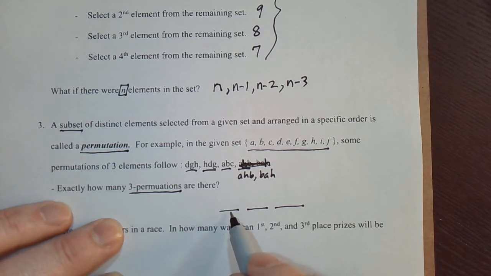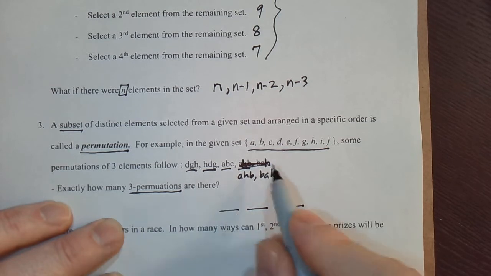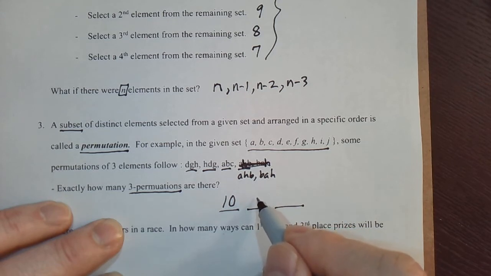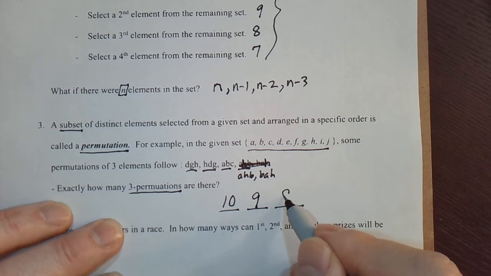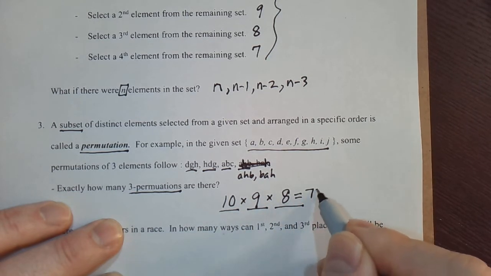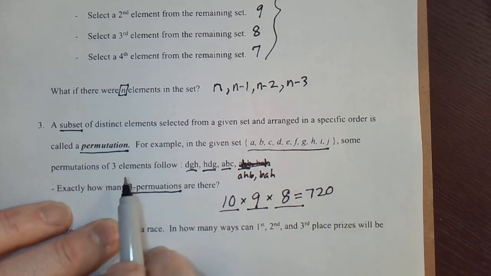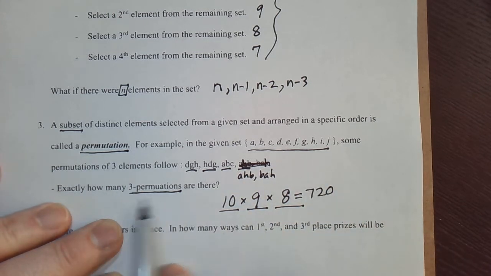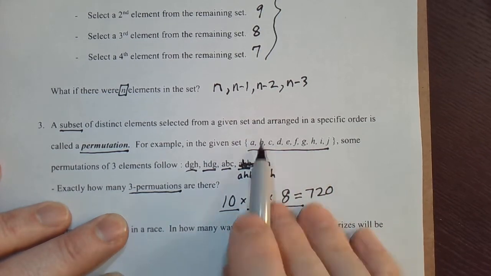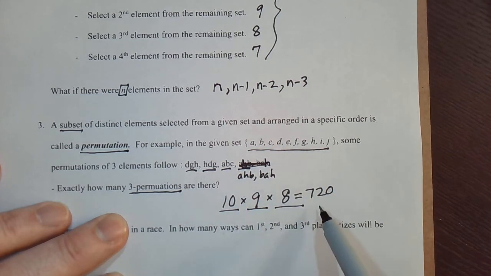How many choices do I have for this first term? 10. I could choose absolutely any one of them that I want. How many could I choose for the second one after I've chosen that one? I've got 9, and then I've got 8. 720. So the number of 3 permutations, remember that just means 3 elements, chosen from this set is 720.